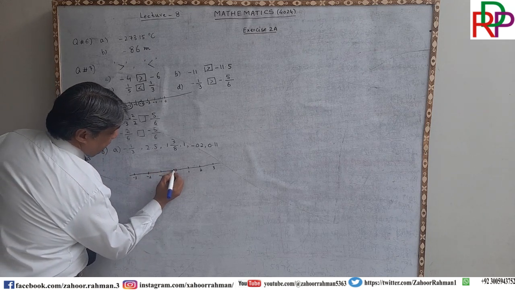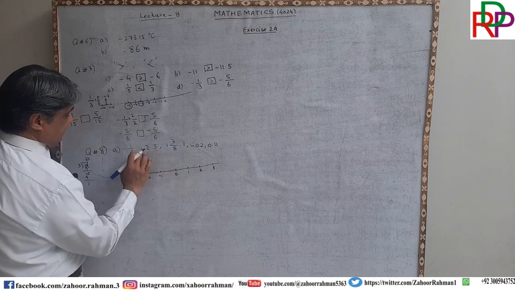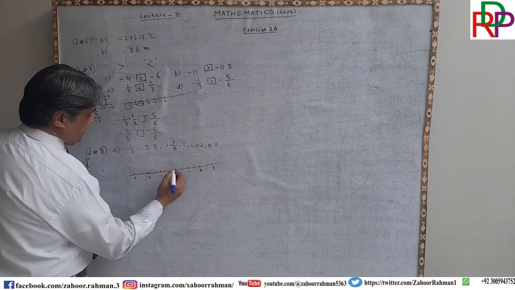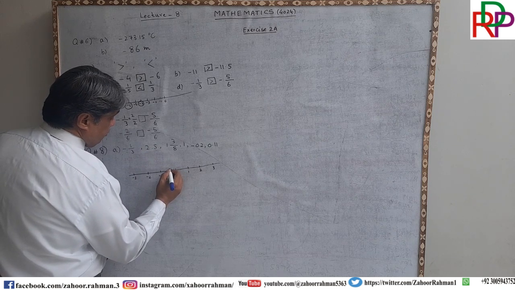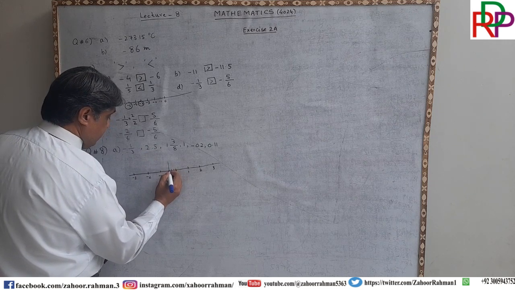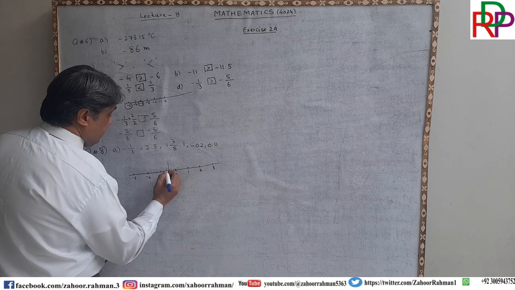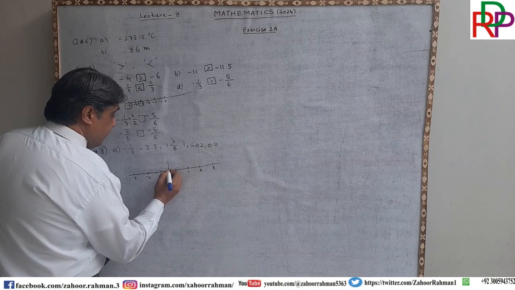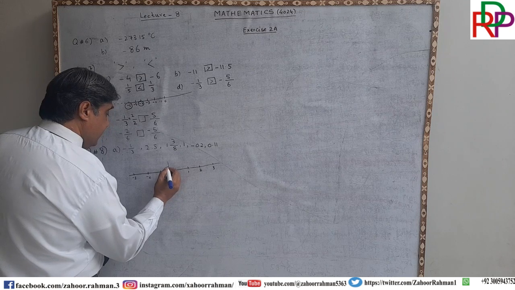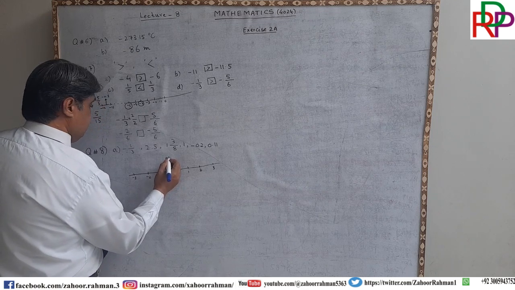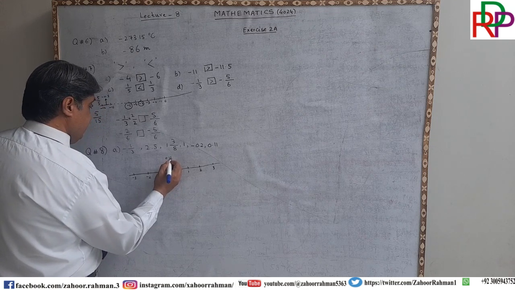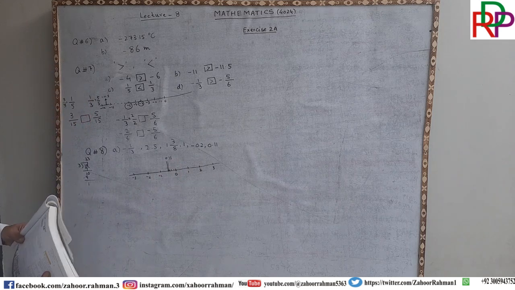So 0.1, because it is negative, so we will go towards the left side. 0.1, 0.2, and this will be 0.3. But a bit on the left side there will be 0.33. That will be the location.